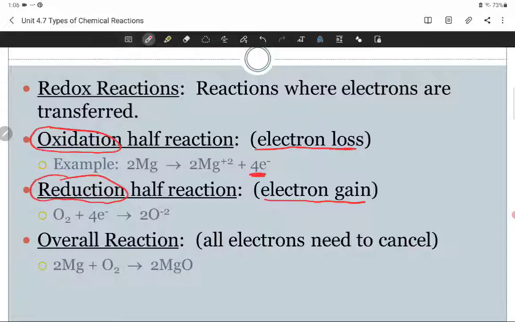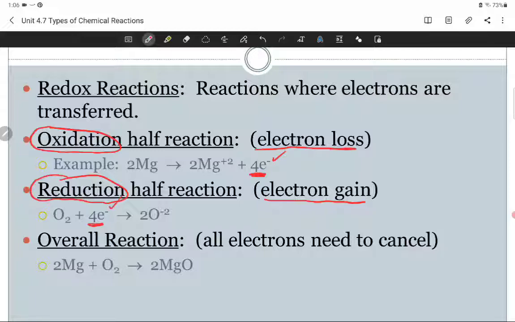Why is it a half reaction? Because it is only half of the entire reaction. In oxidation reduction reactions, something is going to lose electrons, in this case 4 electrons, and then something will have to gain electrons, in this case 4 electrons.